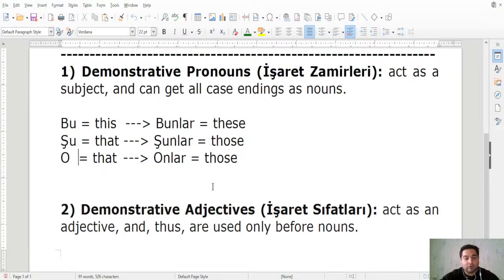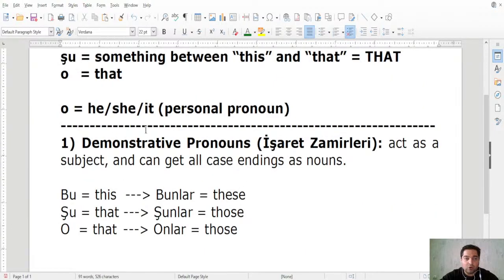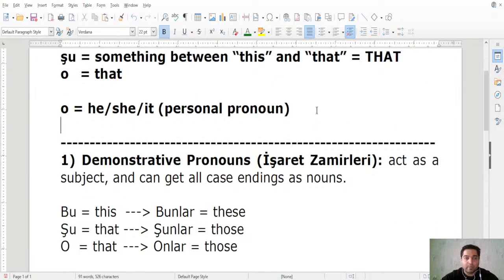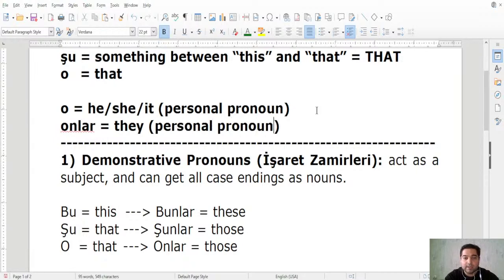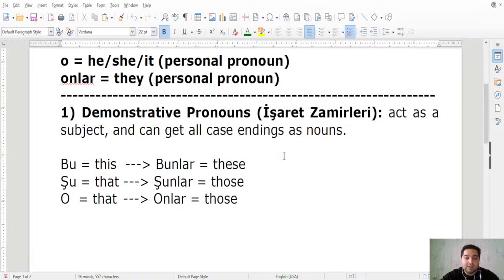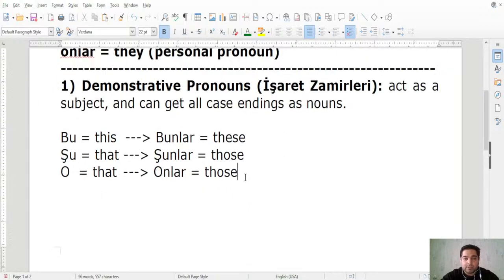But at the same time, don't forget that onlar also is a personal pronoun, same as o over here. Remember here? So onlar, we have to add it here too. Onlar is they, if we use it as a personal pronoun. They come, right? But here it means those. So you can say, for example, bu kimin, okay?